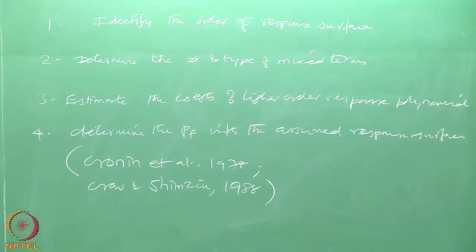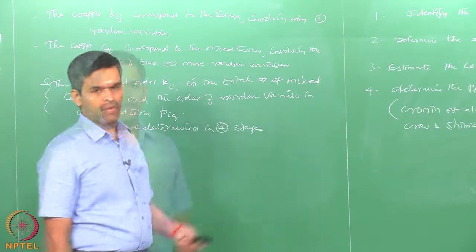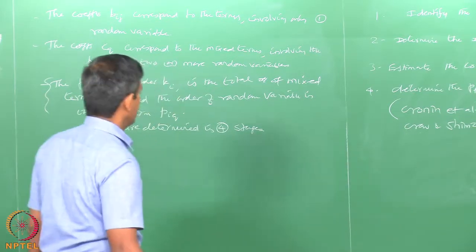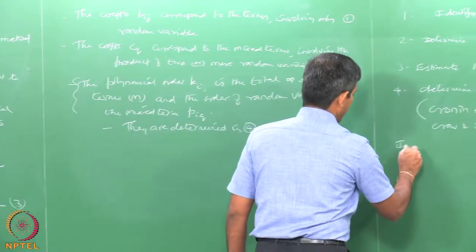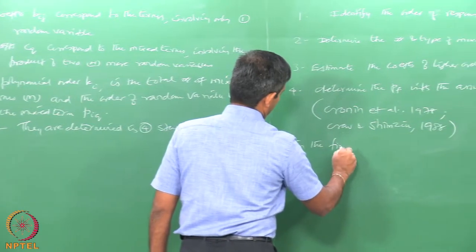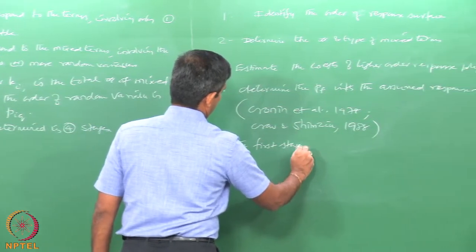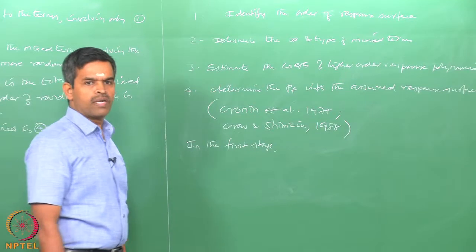Obviously, Monte Carlo simulation is carried out on the response surface to determine the probability of failure. So, in the first stage, polynomial order k_i is determined.